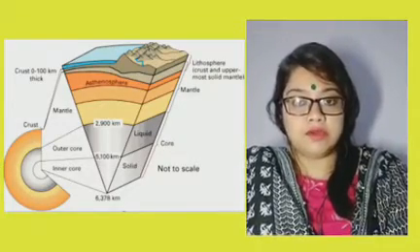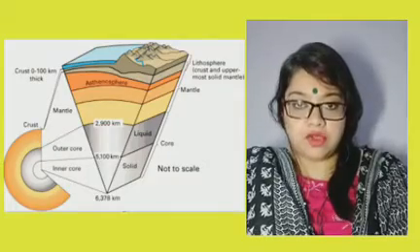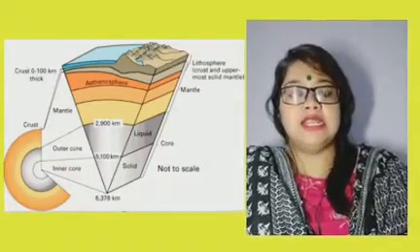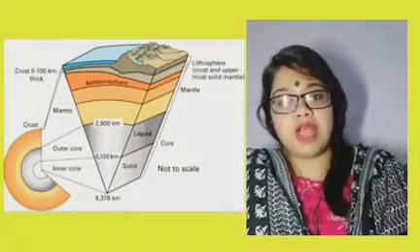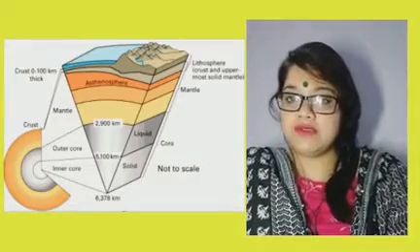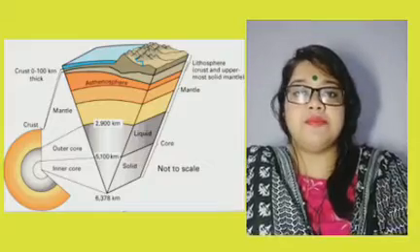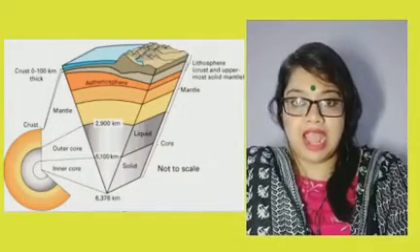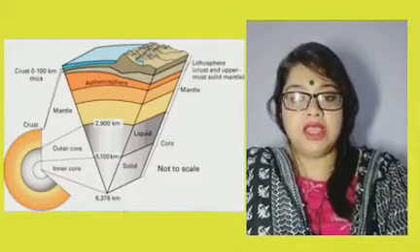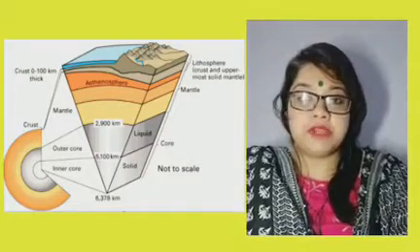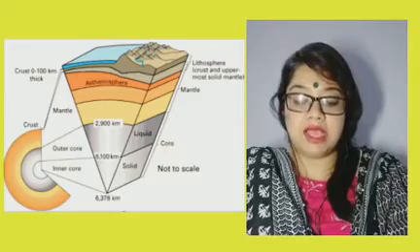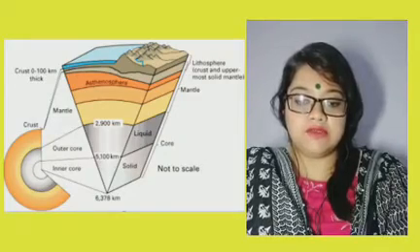We call it so because the seismic waves, the waves that determine the intensity of the earthquake, when they travel through this particular zone, they lose their momentum and travel in slow motion. That's why it's called the low velocity zone.